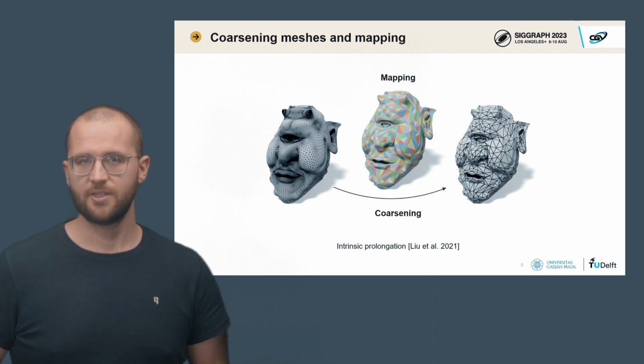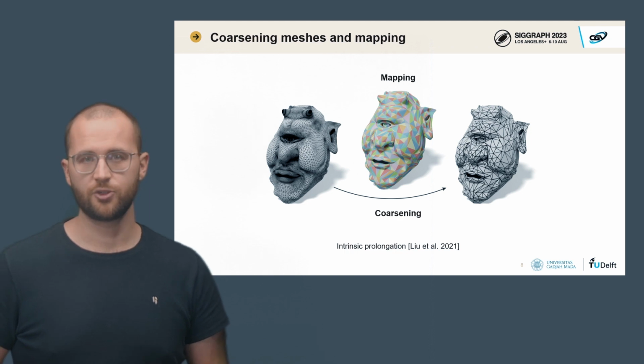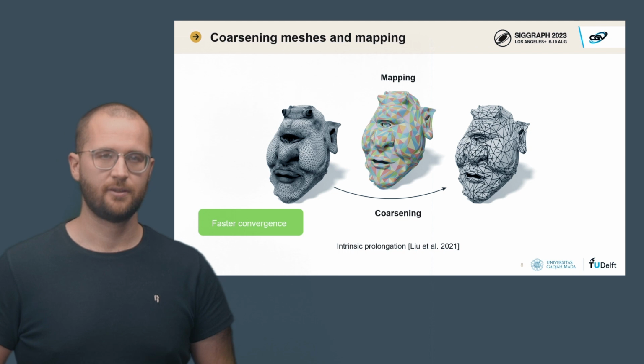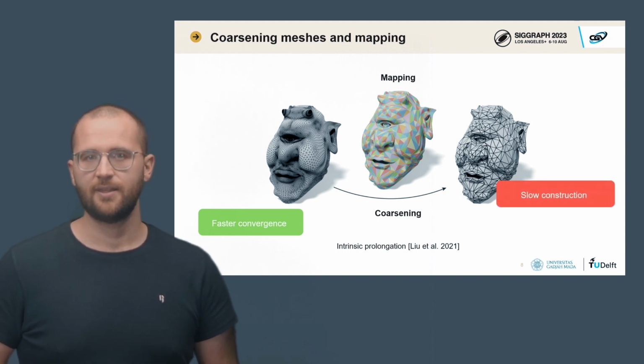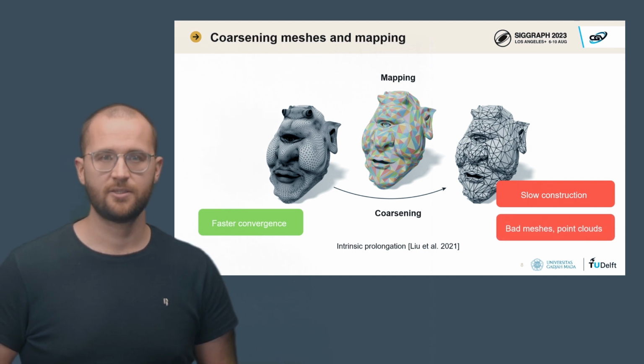A recent example is the intrinsic multigrid scheme by Leo and colleagues. This approach obtains efficient prolongation operators that lead to fast convergence. The downside of this approach is a costly hierarchy construction that does not generalize easily to other representations, such as non-manifold meshes or point clouds.